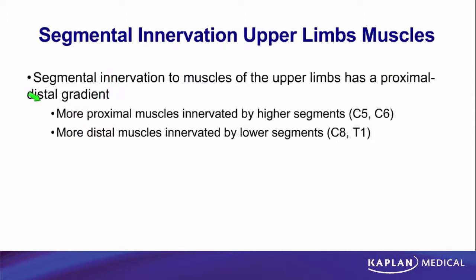Proximal-distal gradient. In other words, as we go out the limb from proximal to distal, the innervation to the muscles goes from higher to lower. So the more proximal muscles will be innervated by the higher segments, C5 and C6. The distal muscles will be innervated by the lower segments, C8 and T1. In other words, all the muscles around the shoulder will be C5 and C6, regardless of which nerve is innervating them.